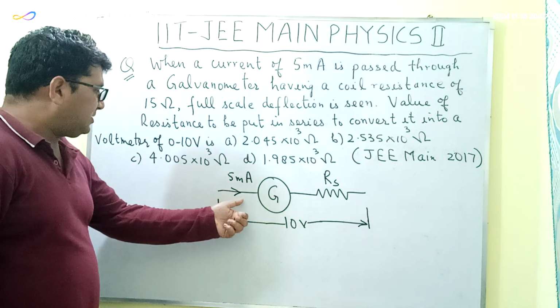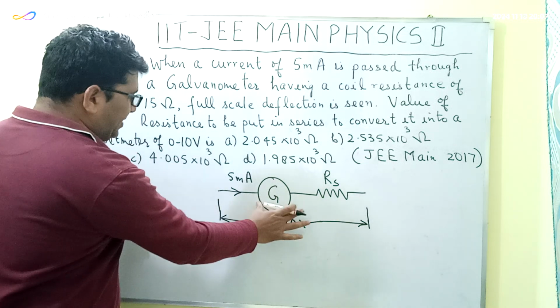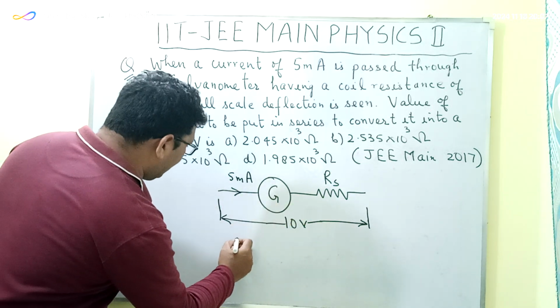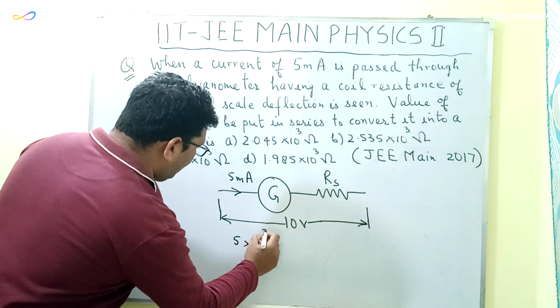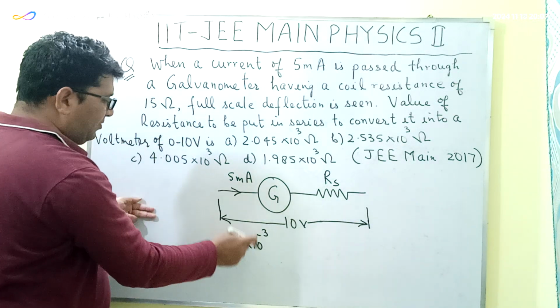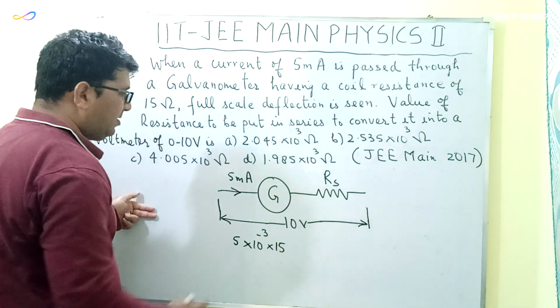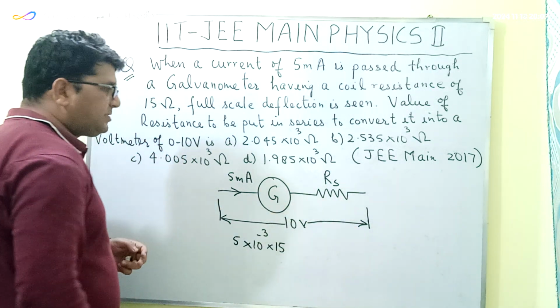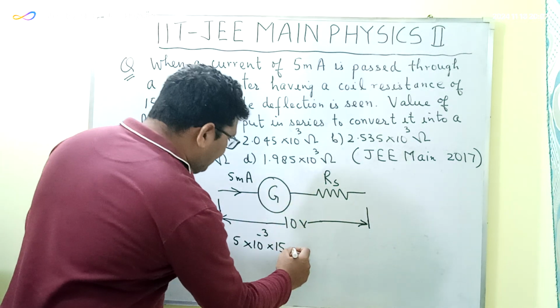If the resistance of this galvanometer is 15 ohm and the current passing through it is 5 milliampere, the potential difference across this galvanometer will be equal to 5 into 10 to the power minus 3 ampere, which I have converted into ampere, into 15 ohm, plus the potential difference across this resistor which is connected in series with this galvanometer.